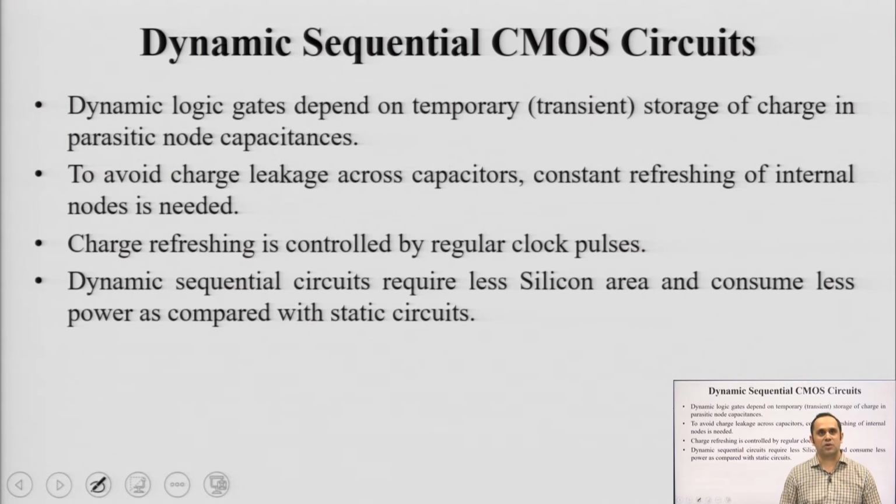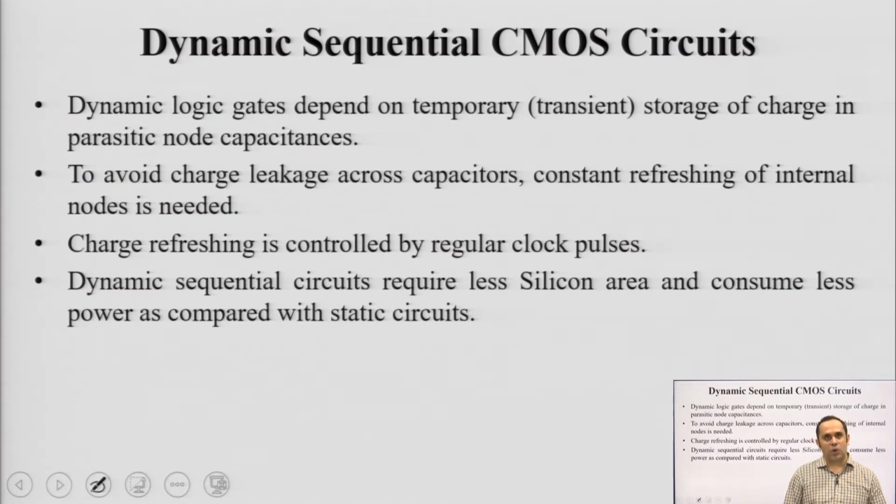All the parasitic capacitances are used for temporary storage of charge. So, instead of designing a large number of large area latching based circuits, we are using capacitive storage of charge.